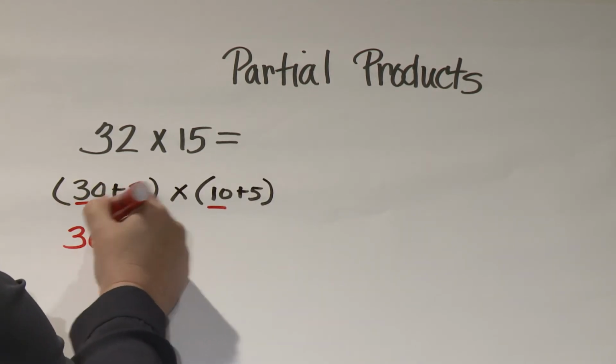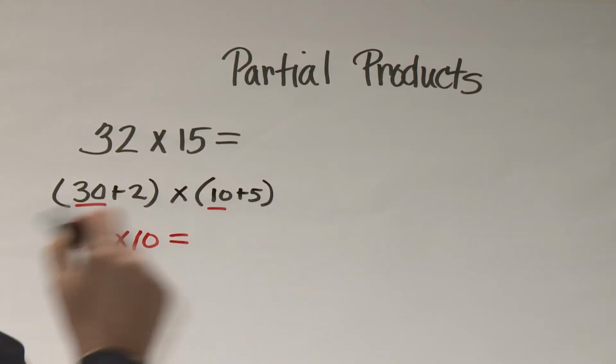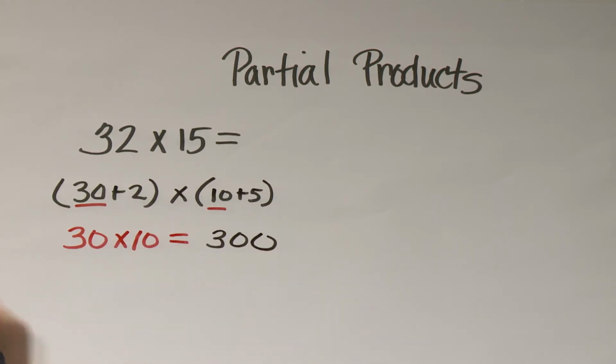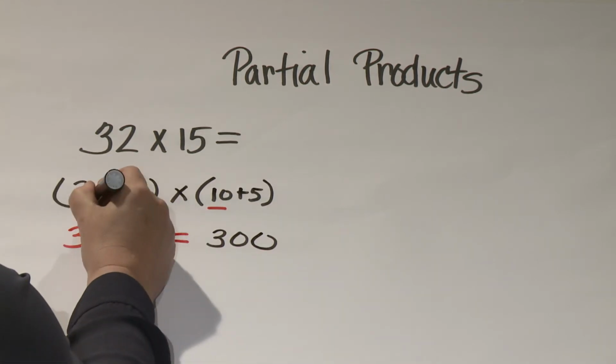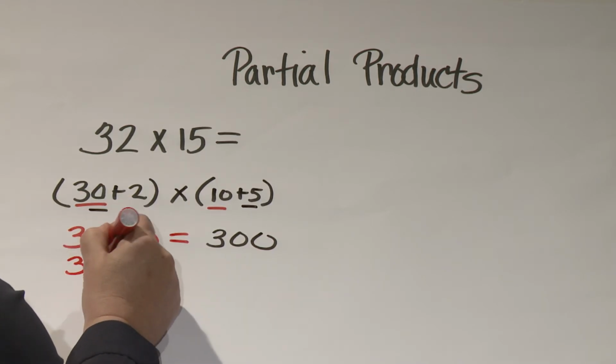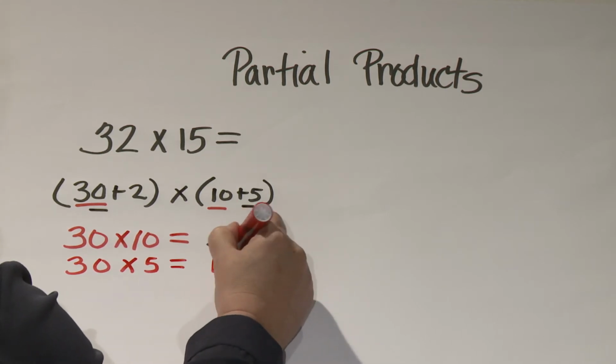First thing I will do is 30 times 10, and we know that equals 300. Next, I will do 30 times 5, and we know that equals 150.